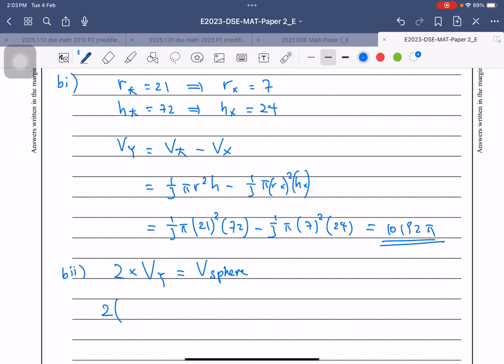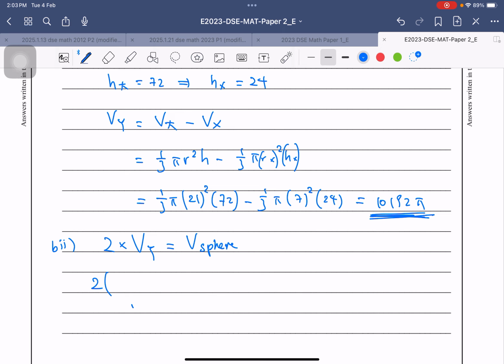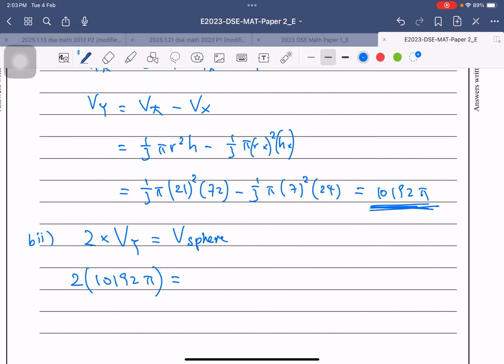So what's the volume of the frustum? You just calculated it here, isn't it? So it's 10192 pi. Then what's the formula of the volume of the sphere? 4 over 3 pi r cubed. Then you solve the equation, you can have r is equal to a disgusting number. Or r cubed is equal to what?